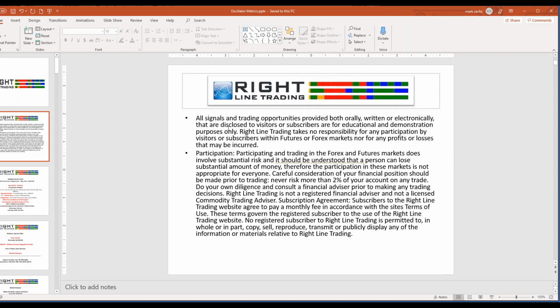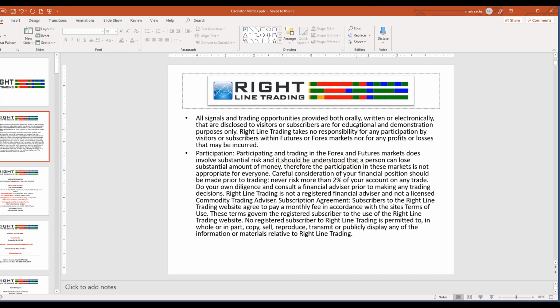All signals and trading opportunities provided, both orally, written, or electronically, that are disclosed to visitors or subscribers are for educational and demonstration purposes only. Right Line Trading takes no responsibility for any profits or losses in the futures, forex, or stock markets. Participation in and trading in any of these markets involves substantial risk, and it should be understood that a person can lose a substantial amount of money.